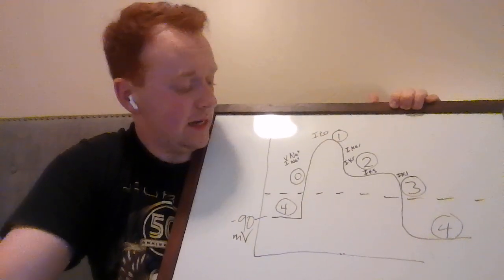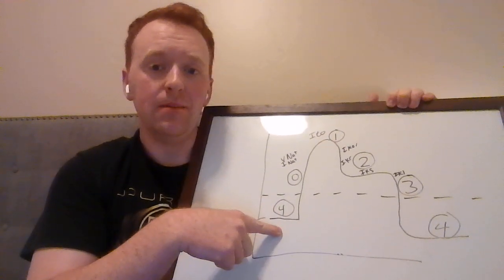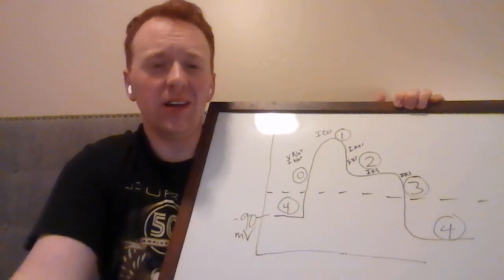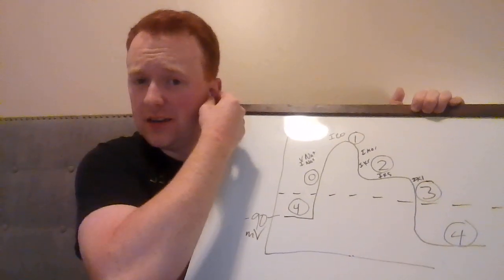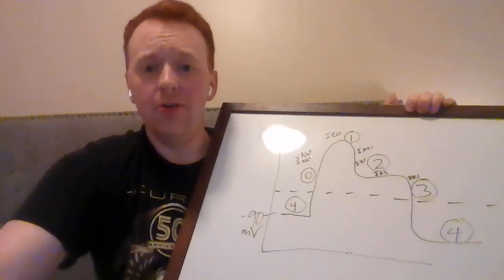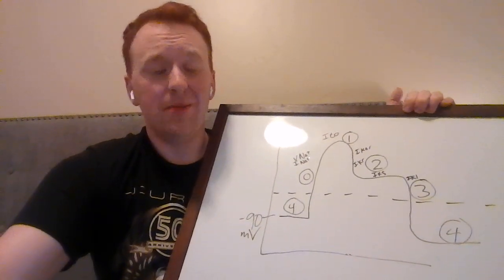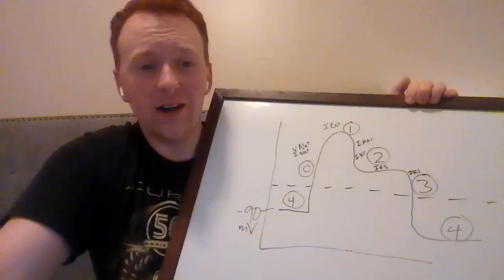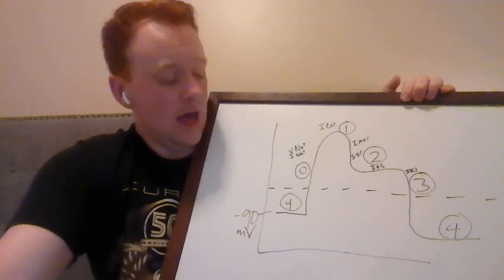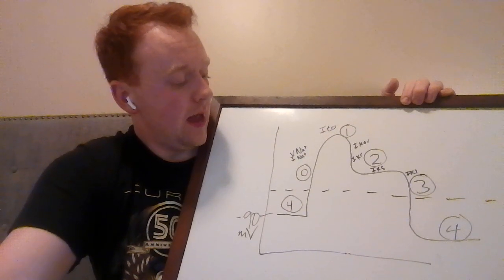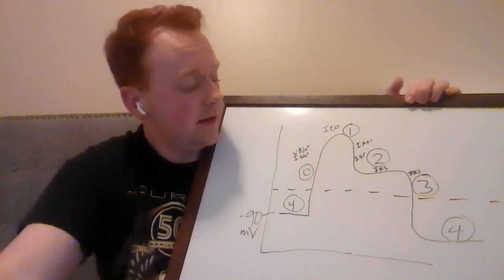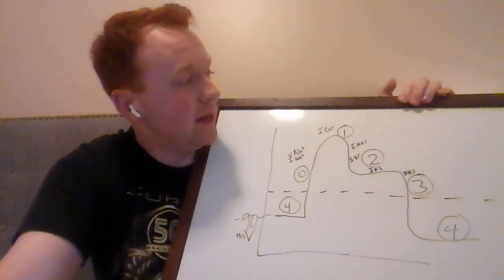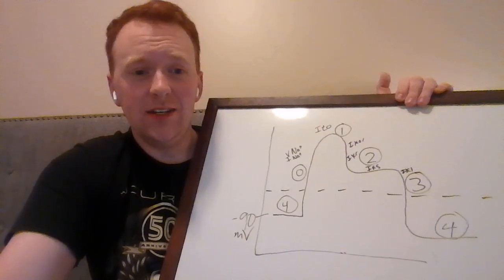Phase 4 is the pacemaker potential. There's no really flat resting potential for the SA node. Instead, the membrane slowly, slightly depolarizes. There's something called cAMP that enters the SA node that depolarizes it, which is a little bit different.